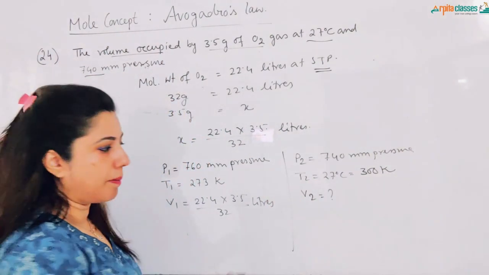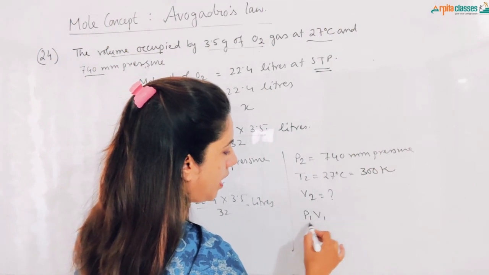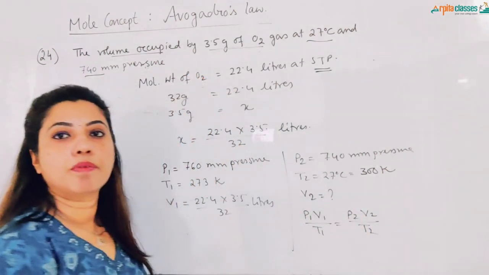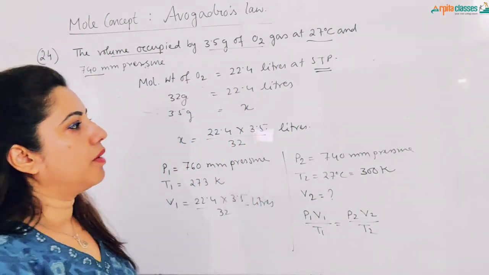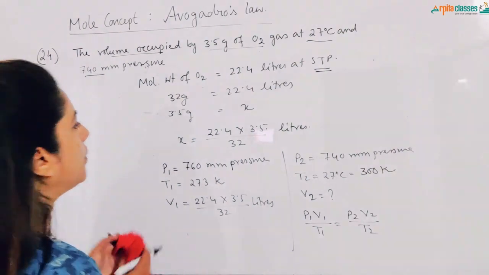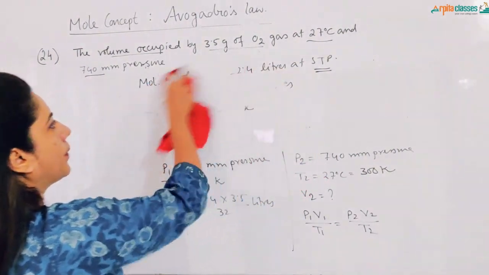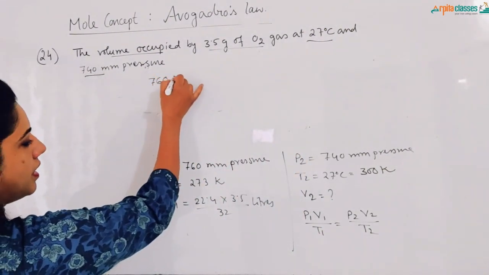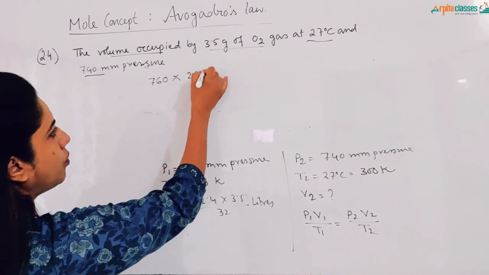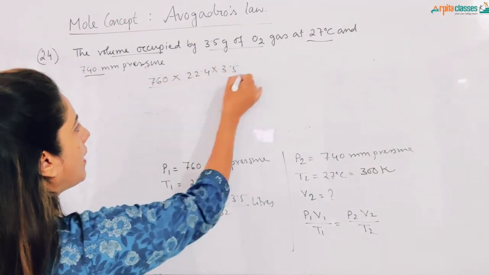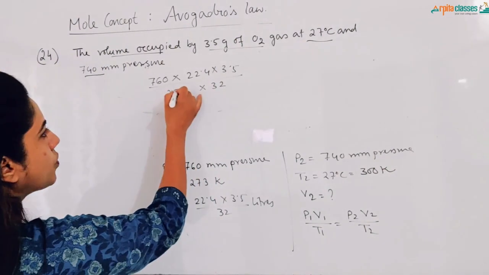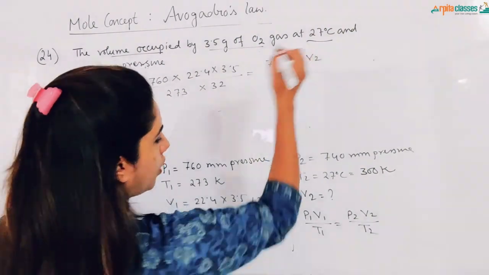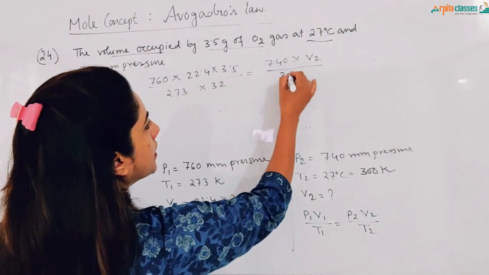So here we are going to use the combined gas law, that is P1 V1 upon T1 is equal to P2 V2 upon T2. Now we have to put the values over here and get the value of V2. So P1 is 760, V1 is 22.4 into 3.5 divided by 32, T1 is 273, P2 is 740, V2 we do not know, and T2 is 300.